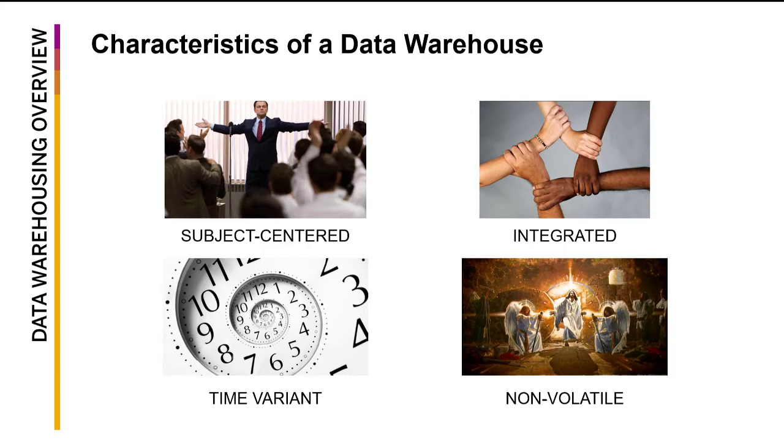Every primary key contained within the data warehouse should have, either implicitly or explicitly, an element of time, like the day, week, month, or so on. Another aspect of time variance is that once data is inserted in the warehouse, it can't be updated or changed.